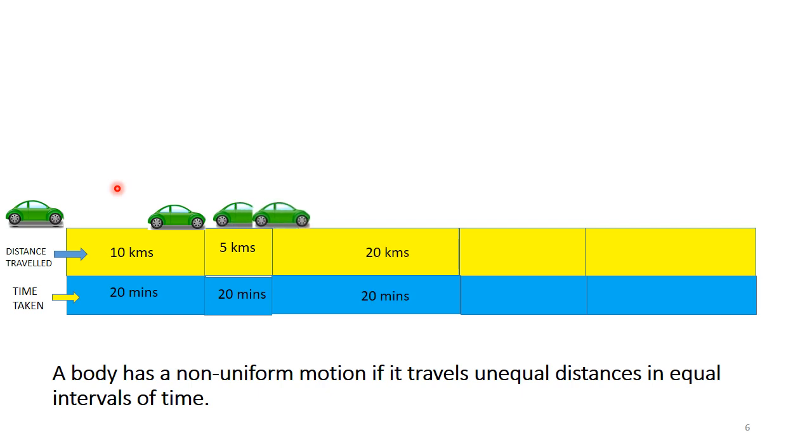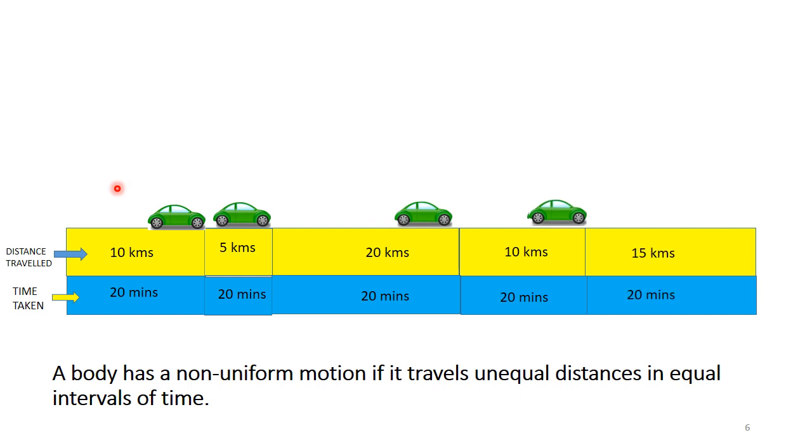For the next phase, the car is moving with more speed and it covers a distance of 20 kilometers, and the time taken is 20 minutes. Then for the next phase, the car covers a distance of 10 kilometers and the time taken is 20 minutes.